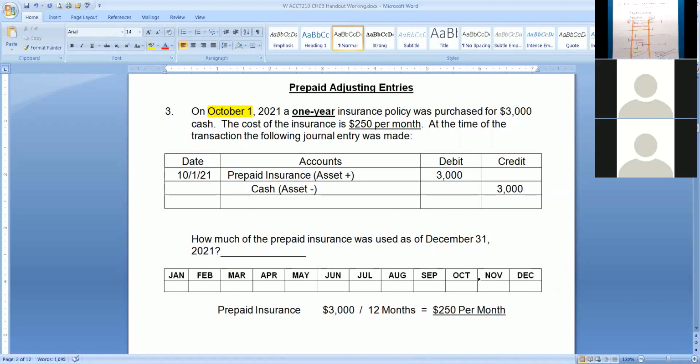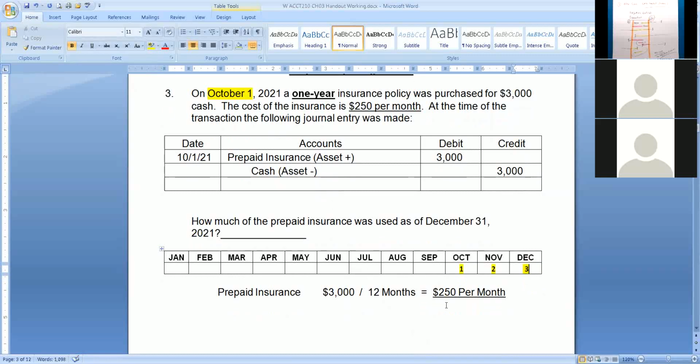Yep. Notice we bought it on October 1st. If we bought it at the end of October, we wouldn't count it. But since we bought it at the beginning of October, we used it all through October. 1, 2, and 3. So it's going to be 3 months.